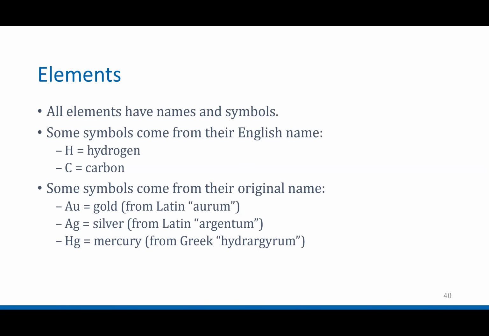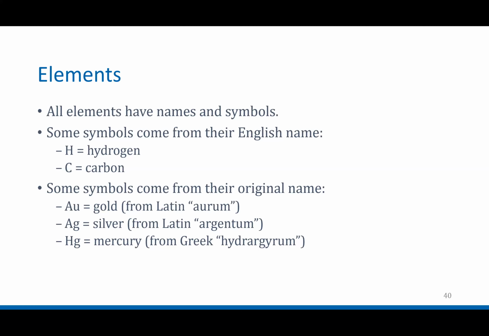So a lot of the old chemical symbols, chemicals that people knew thousands of years ago, like gold and silver and mercury, have a little bit more complicated symbols. Like gold, you might think if you were going from English, that gold would be G, right? Or GO. But nope, it's Au. And that comes from the Latin word aurum.